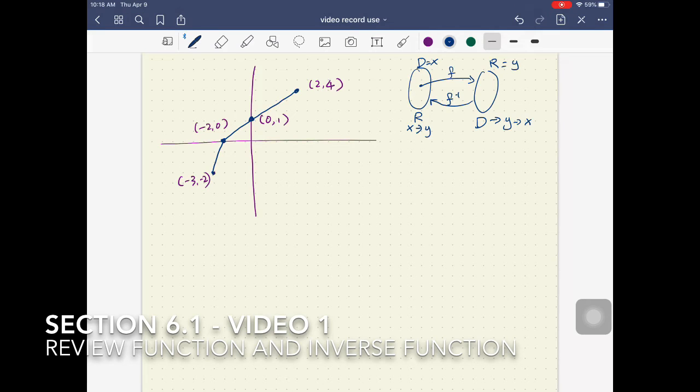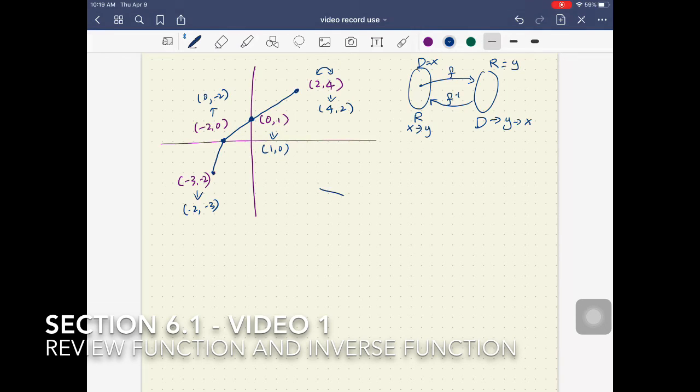So what I'm trying to say is that to find the graph of the inverse function, we simply switch the x and y coordinates. So the point 2, 4 becomes the point 4, 2. 0, 1 becomes the point 1, 0. Negative 2, 0 becomes the point 0, negative 2. And negative 3, negative 2 becomes the point negative 2, negative 3.